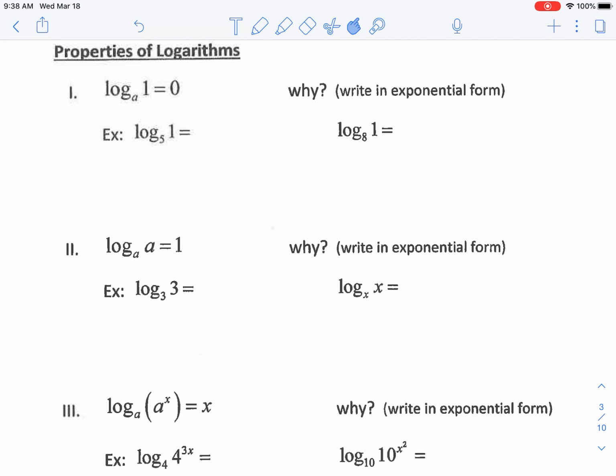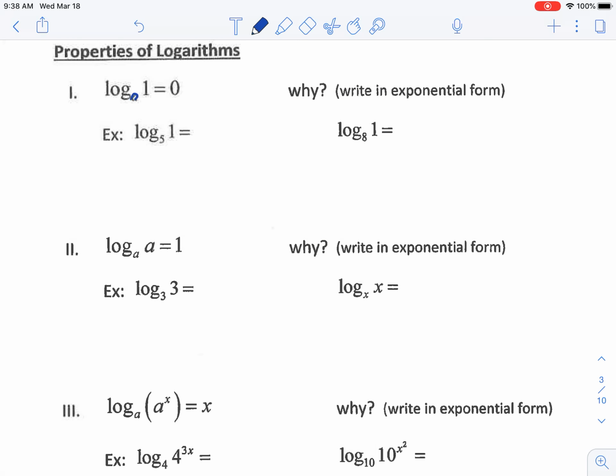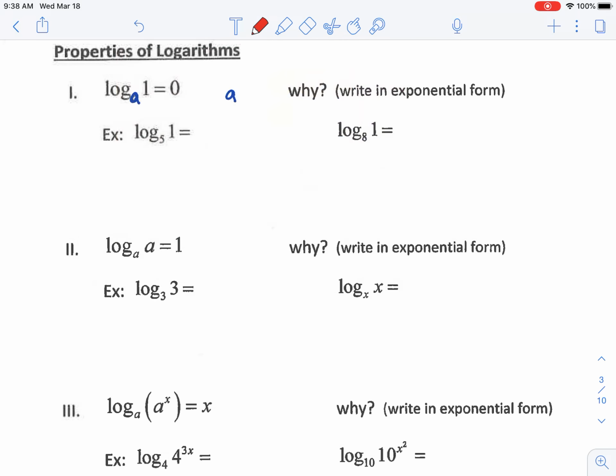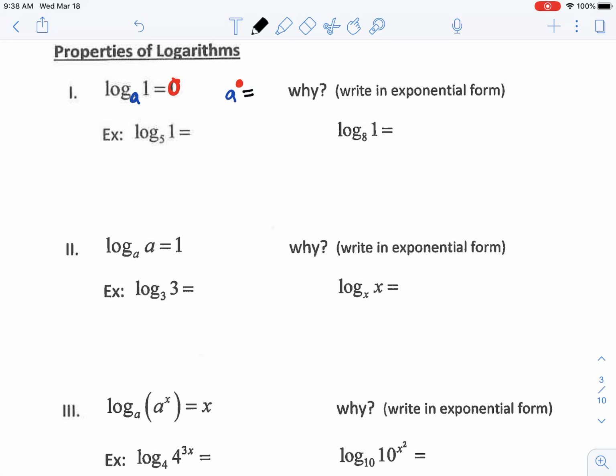So properties of logs. Anything at all, anything at all to the power of 0 equals 1.